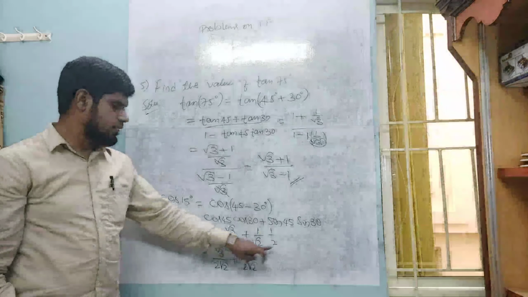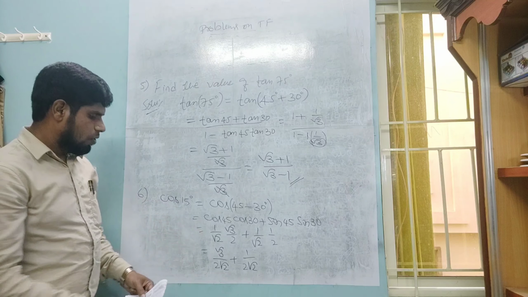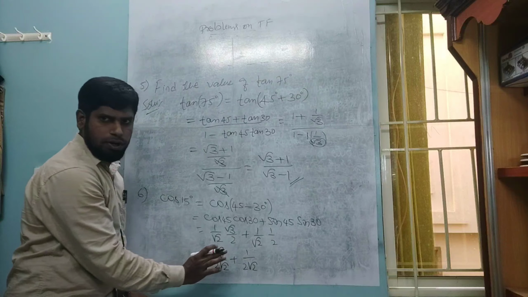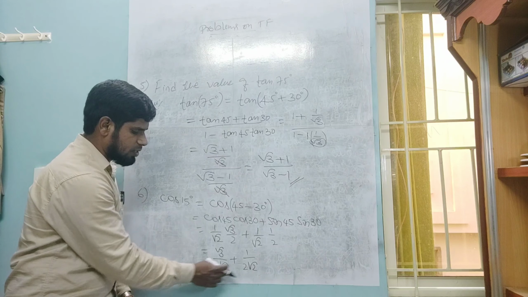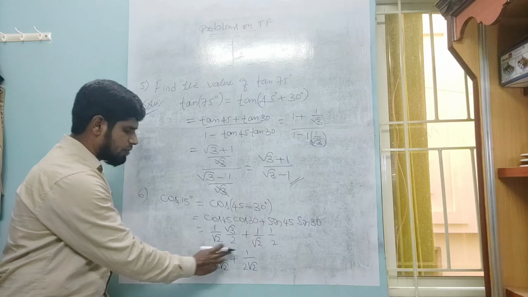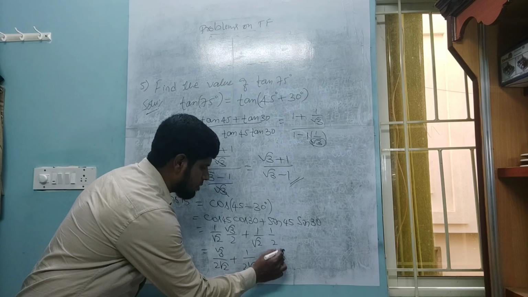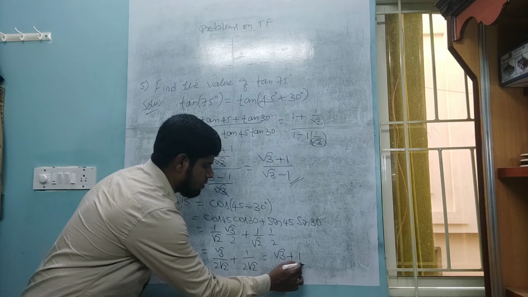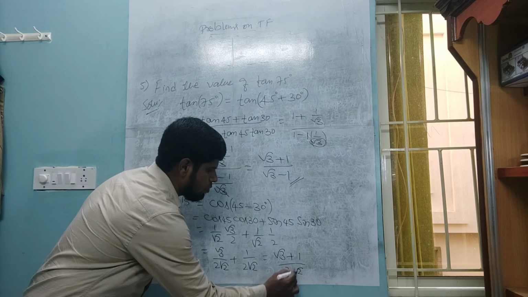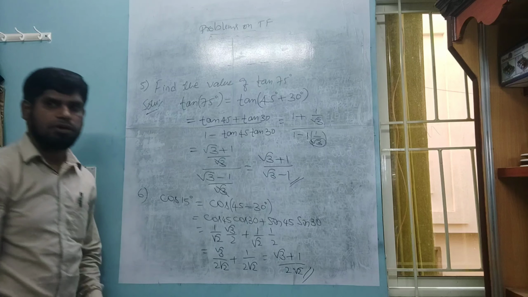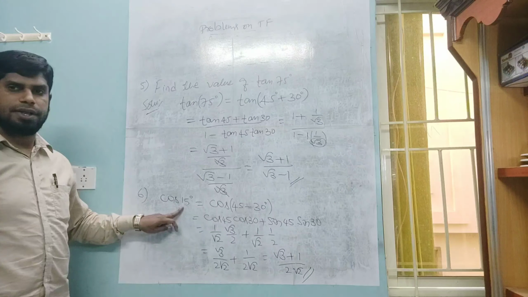Because denominators are the same, LCM is 2 root 2 only. No need to worry about the LCM because denominators are exactly the same. Just we can add the numerators. So the numerator is root 3 plus 1 divided by 2 root 2. This is the value of cos 15 degree.